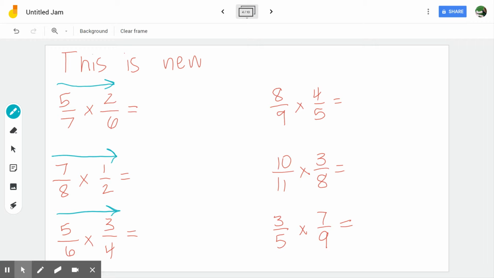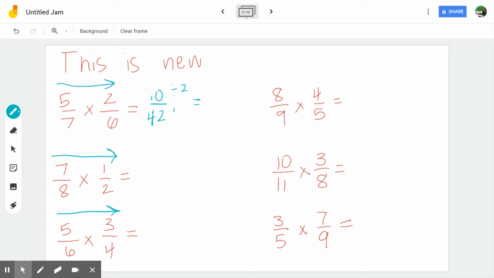So 5 times 2 is 10. 7 times 6 is 42, okay? Now here we have a proper fraction, but I noticed that both of them are even numbers. And something that's true about every even number is that you can divide it by 2.